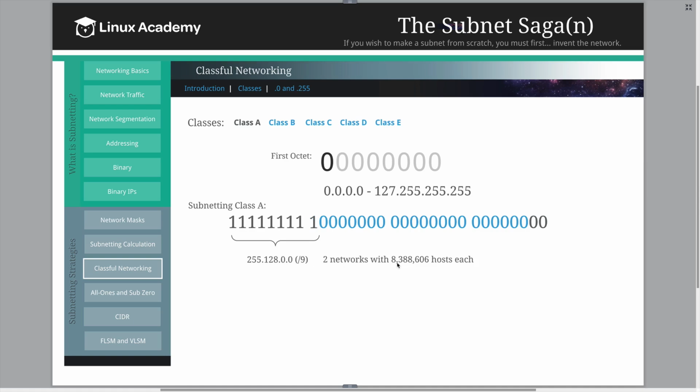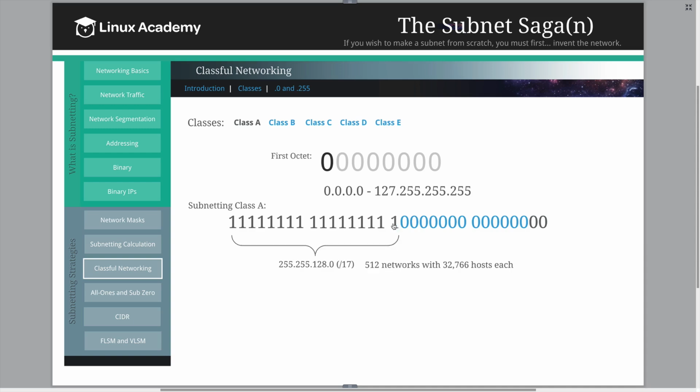Now we have 2 networks with a little over 8 million hosts each. Likewise for /10, now we have 4 networks with 4 million. You should see a pattern here. As we mask from left to right, we're doubling the number of networks and halving the number of hosts.